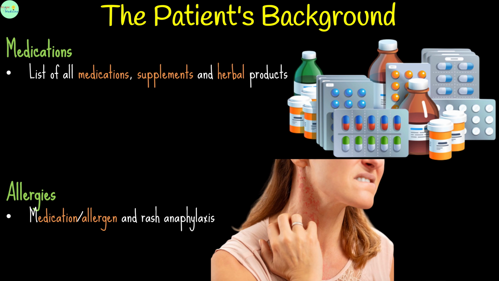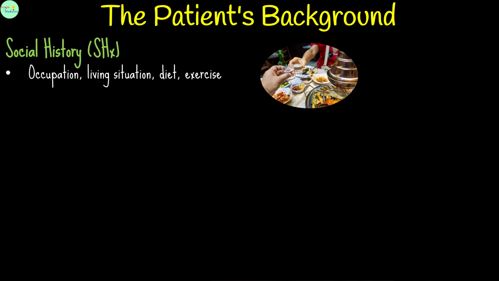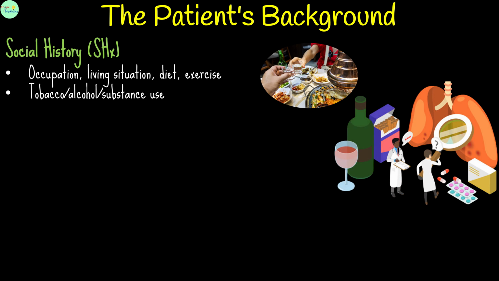For allergies, document the specific medication or allergen and the precise nature of the reaction, whether it's a rash or full anaphylaxis. The social history provides a holistic view. It covers occupation, living situation, diet, exercise, and critically substance use, including tobacco, alcohol, and recreational drugs.